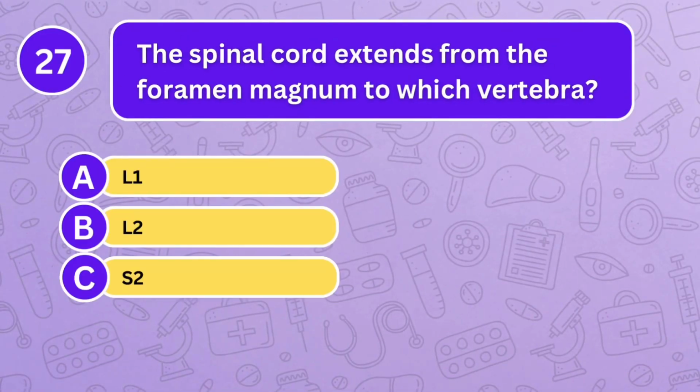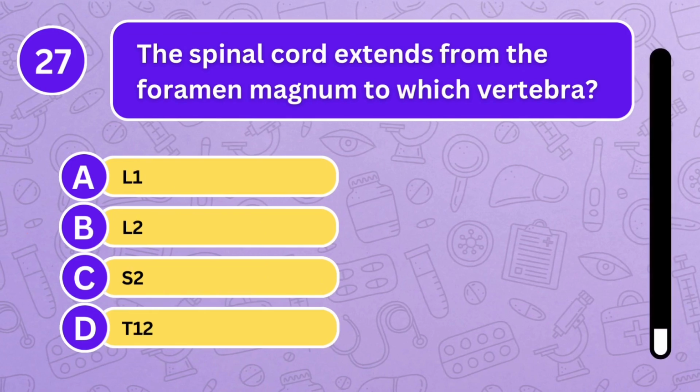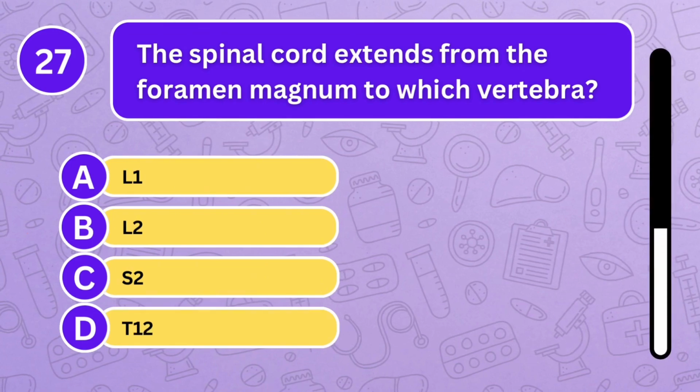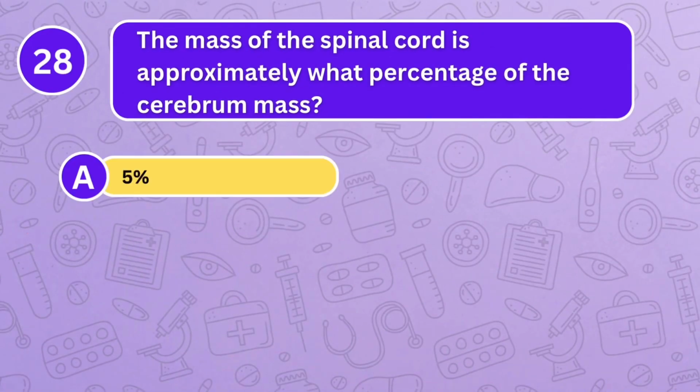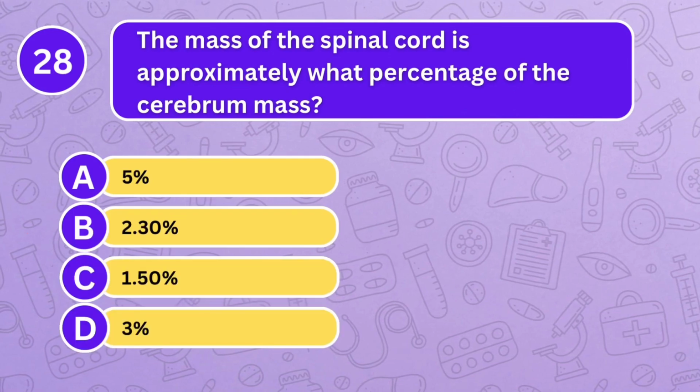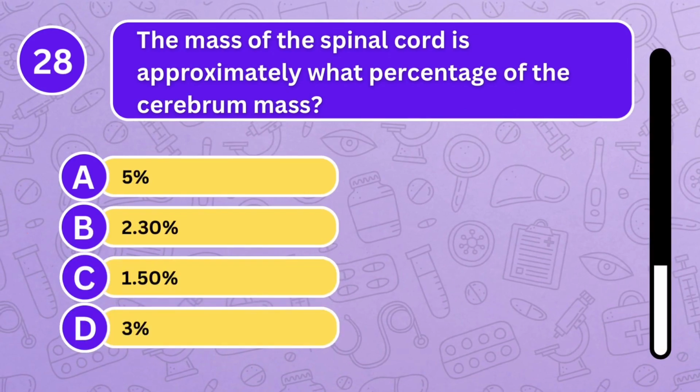The spinal cord extends from the foramen magnum to which vertebra? L2 vertebrae. The mass of the spinal cord is approximately what percentage of the cerebrum mass?